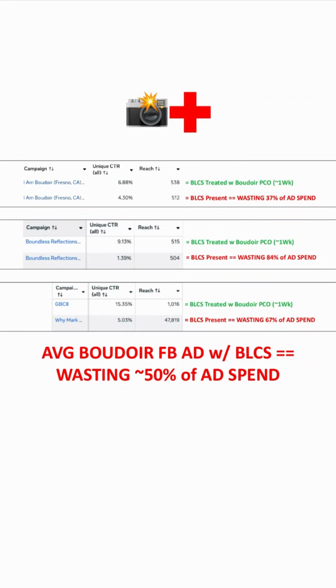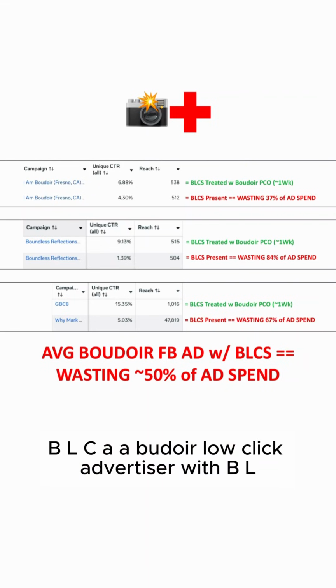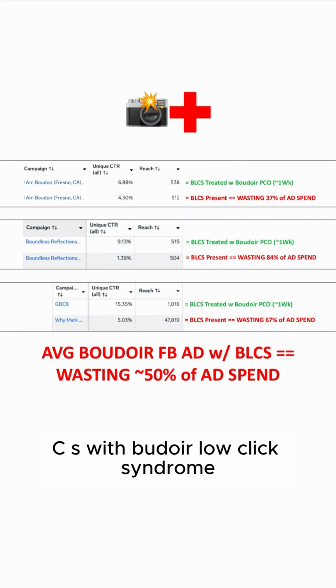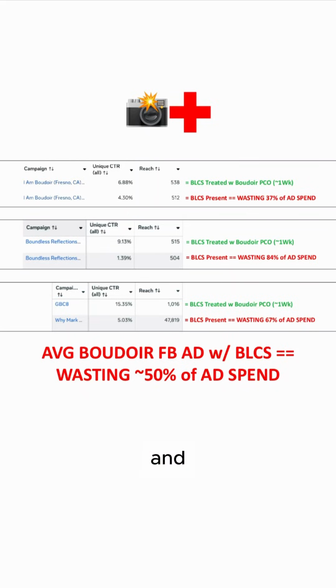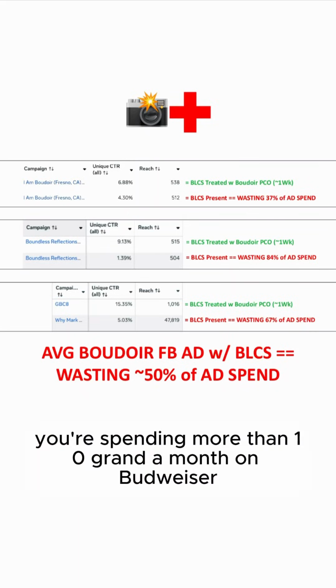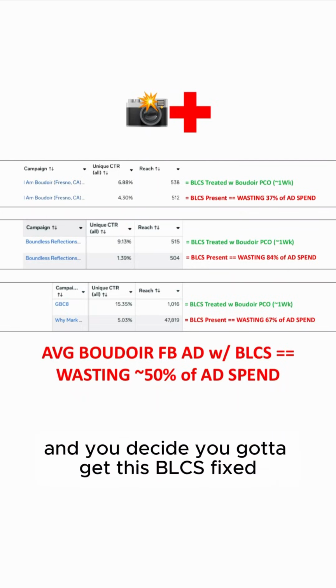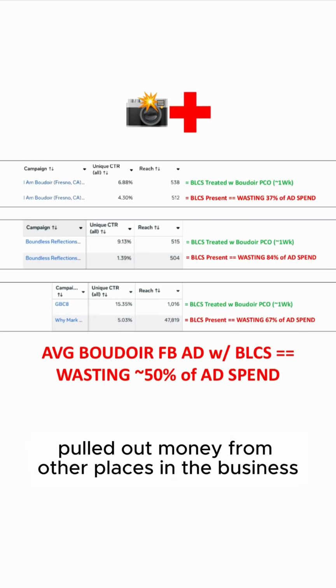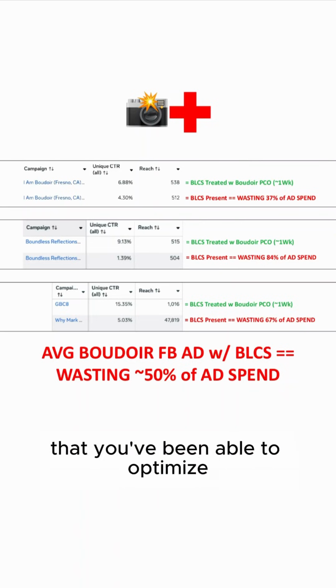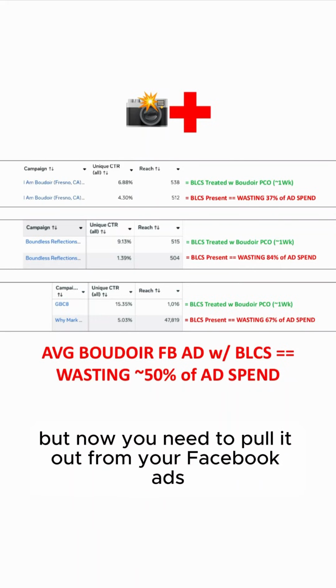So if you're a BLCA, a Boudoir low-click advertiser with BLCS, with Boudoir low-click syndrome, so the unique CTR of your Boudoir Facebook ads is under 6%, and you're spending more than 10 grand a month on Boudoir Facebook ads, and you decide you gotta get this BLCS fixed because you've pulled out money from other places in the business that you've been able to optimize, but now you need to pull it out from your Facebook ads.